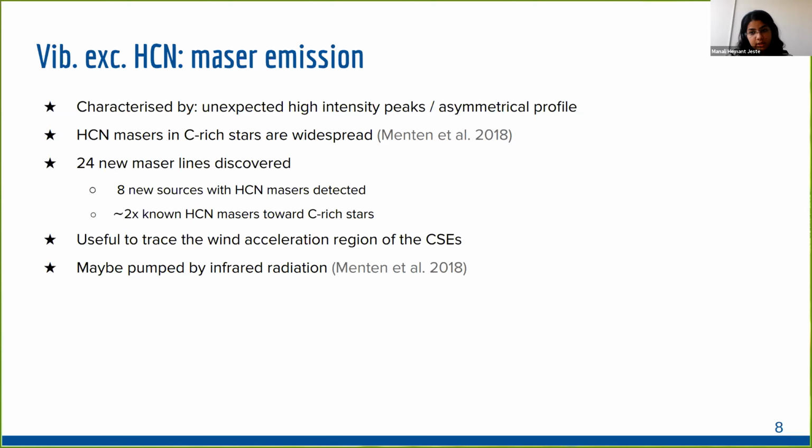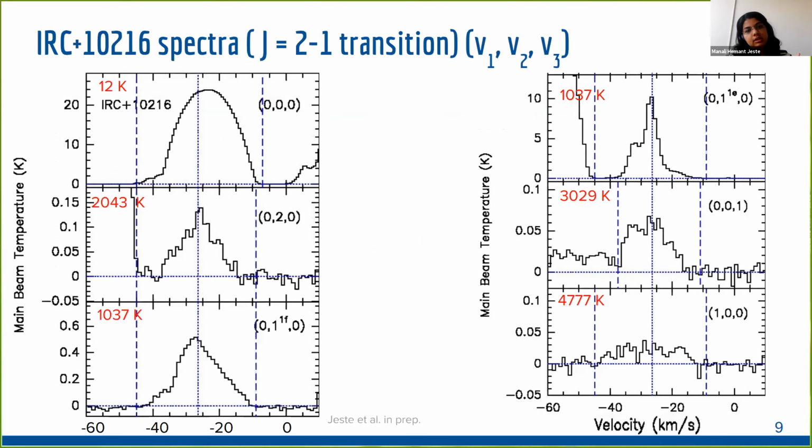To give you an example of the spectra, here is one of our beloved IRC +10216, with the 2 to 1 transition in various vibrational modes. We have the main beam temperature and velocity, and here is the ground state line. Then we have the vibrationally excited lines, all ranging from 2000 Kelvin up to 4700 Kelvin.